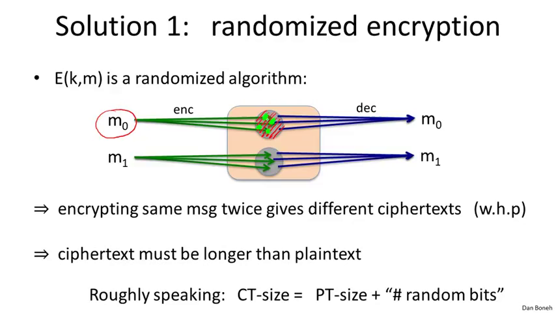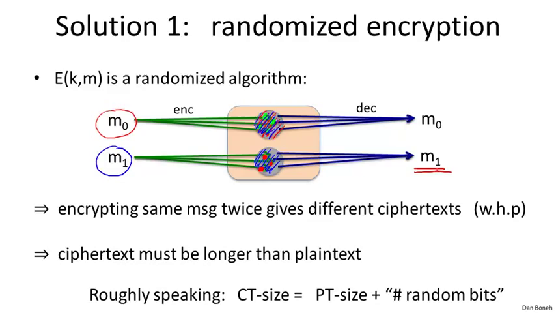Of course, the decryption algorithm, when it takes any point in this ball, will always map the result to M0. Similarly, the message M1 will be mapped to a ball, and every time we encrypt M1, we basically output one point in this ball, and these balls have to be disjoint so that the decryption algorithm, when it obtains a point in the ball corresponding to M1, will always output the message M1.